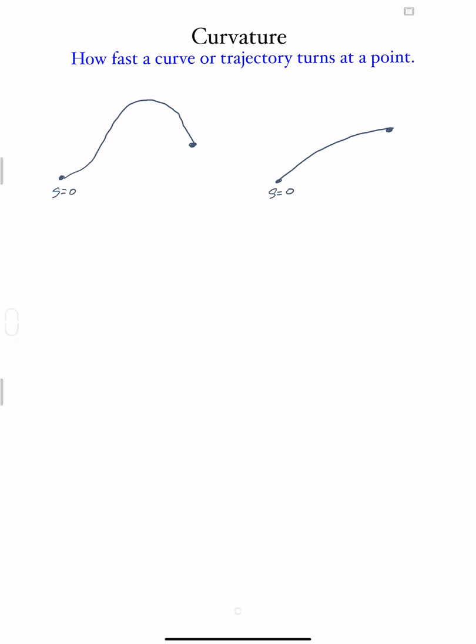So if I draw the tangent vector at this point in space, at some time s, and then I do that some small time later, remember we're talking generally about differentials here, then I take those two vectors off and draw parallel vectors out in space.